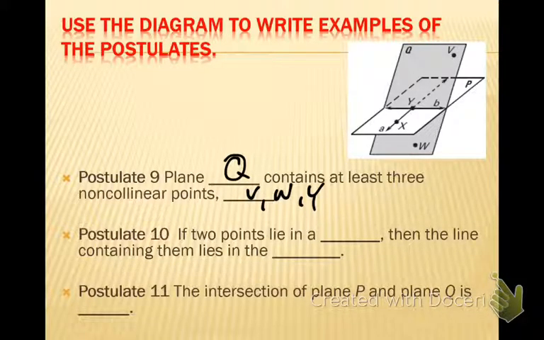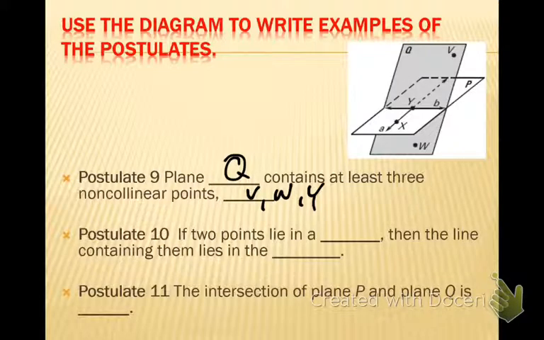Now the next one is worded kind of funny. But an example of postulate 10. 2 points. We need 2 points in a plane. So in that picture, example of 2 points in a plane. Say again? VW. VW is in plane what?